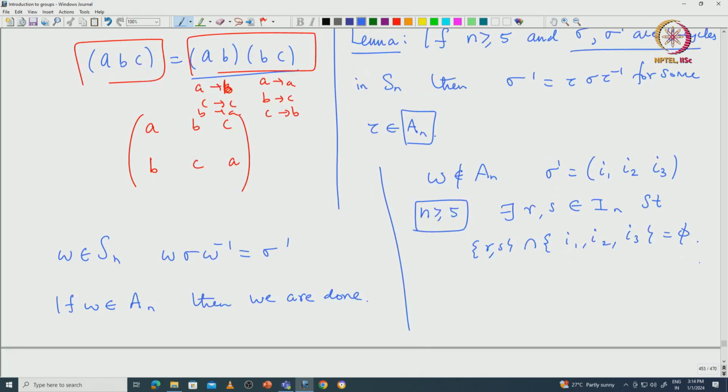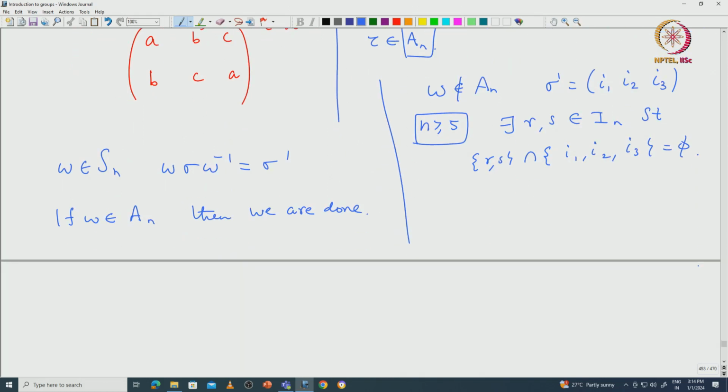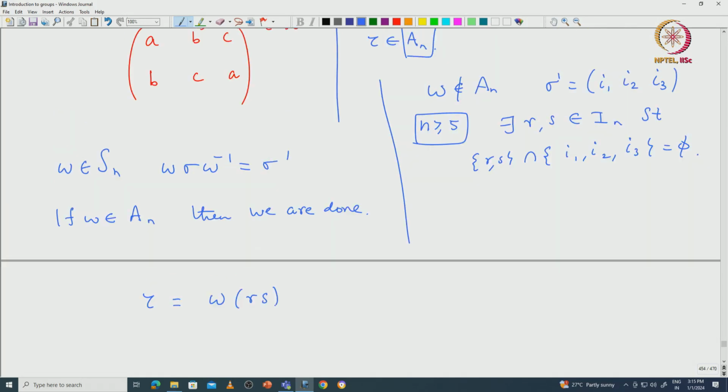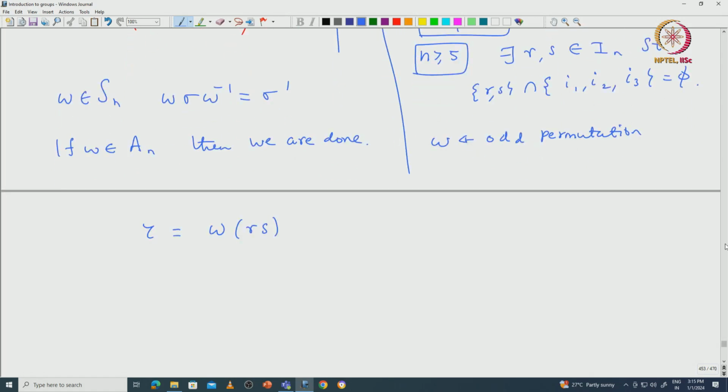Okay. Once you have chosen something like that, you can simply take this tau, which is omega times this cycle (r s). Now note that omega is not in An. So, that means it is an odd permutation. So, that tells us that this tau is indeed an even permutation. So, this is inside An.